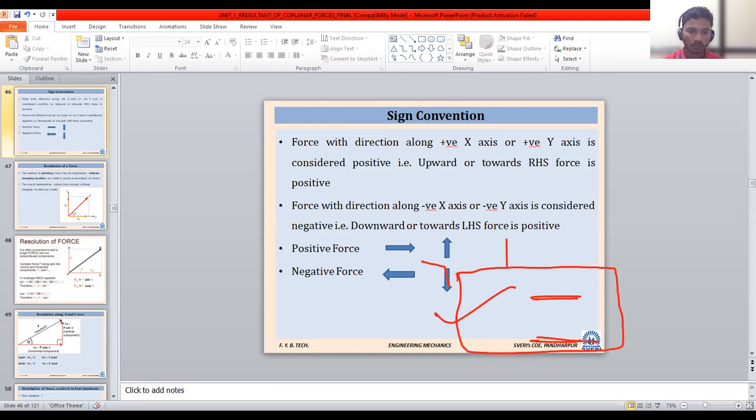For the horizontal component, we have to take the cos function. Why? Because the angle theta is made with the horizontal.